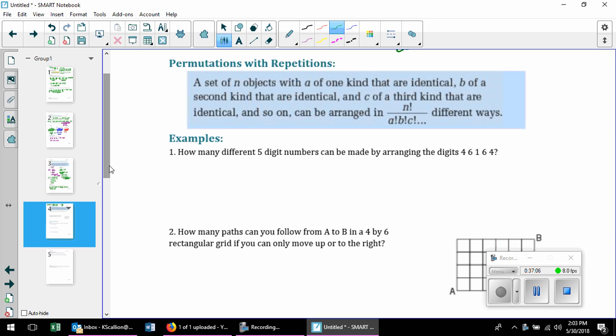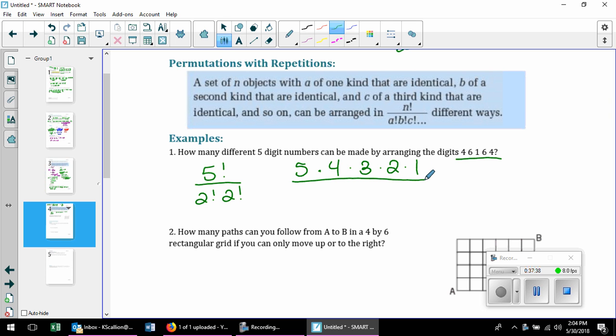How many different 5-digit numbers can be arranged by these numbers? 5 factorial over 2 factorial, 2 factorial. Now we've got to finish it. So I'm going to have 5 times 4 times 3 times 2 times 1.